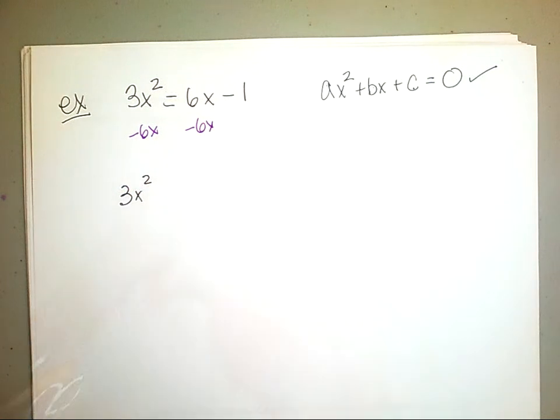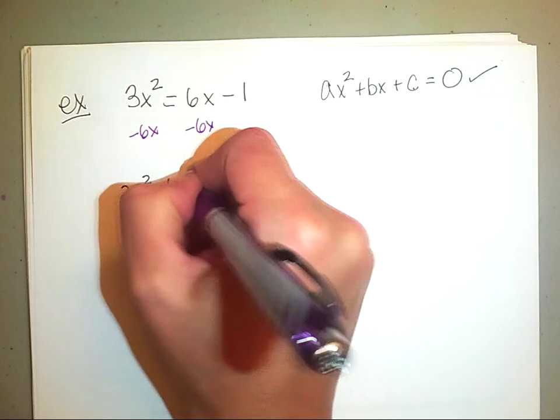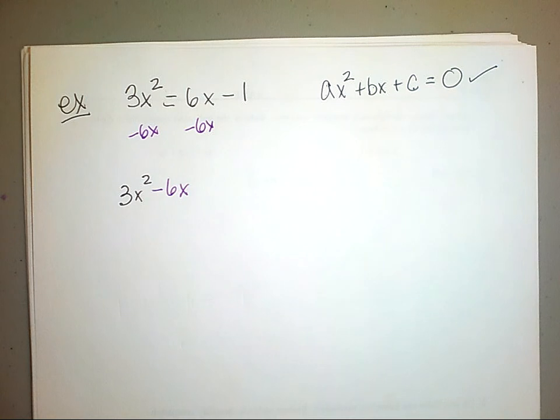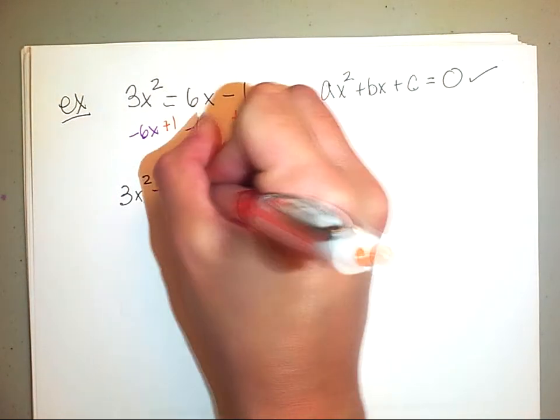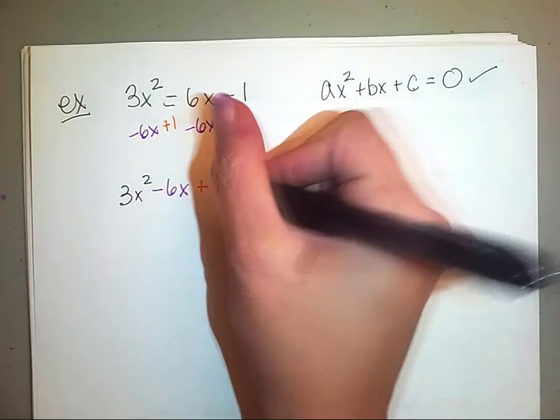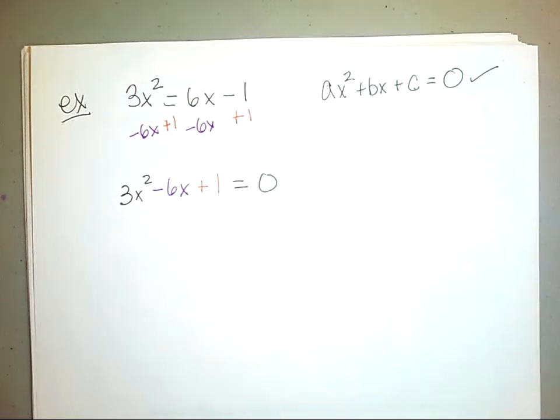So this is 3x squared minus 6x. And while I'm at this, can I just add 1 to both sides as well? So we don't have to do it in 2 steps. And now this equals 0.